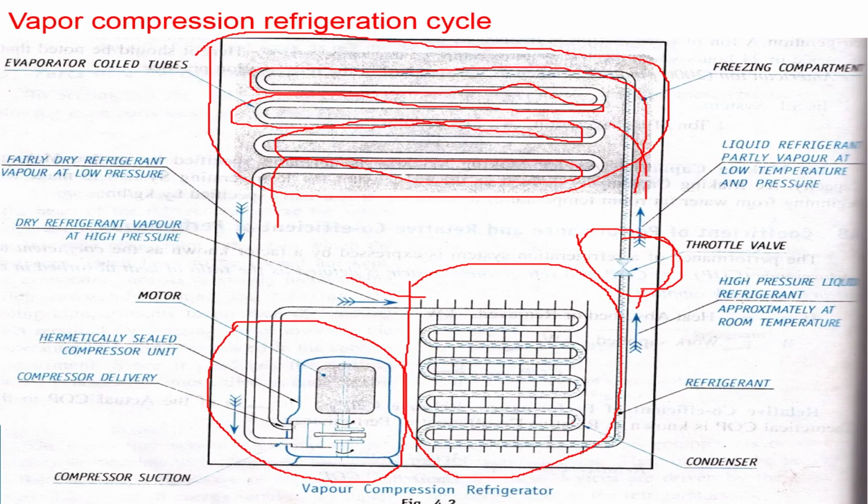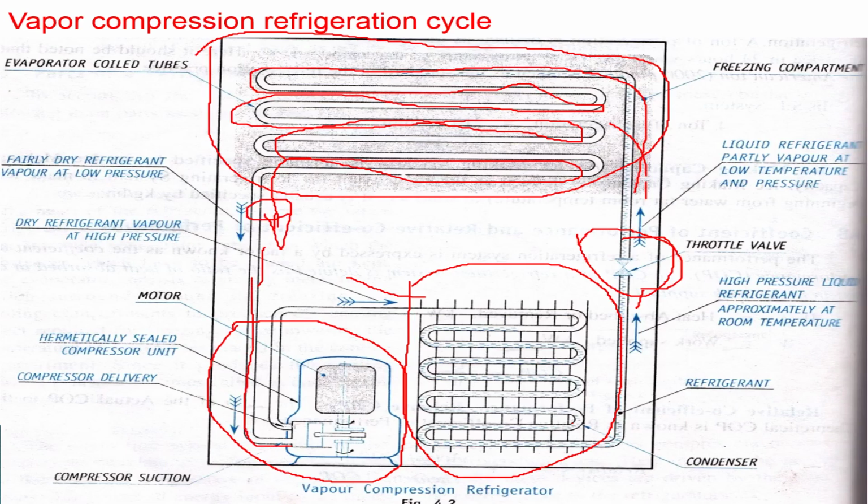Initially, it absorbs the latent heat and becomes vapor, then absorbs heat again, sensible heat, and becomes superheated, higher temperature. Okay. So then this high temperature vapor is taken into a compressor.